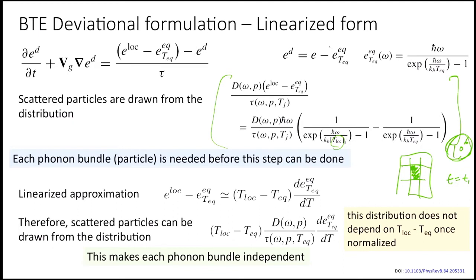With 10 to the power 6 particles it would take a humongous amount of space, and even more if you want more particles. So you need the information of all the particles at the same time instant to calculate this T local through this pseudo energy form.